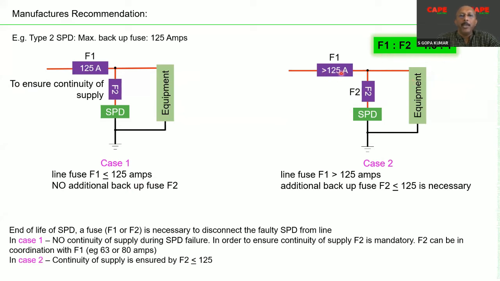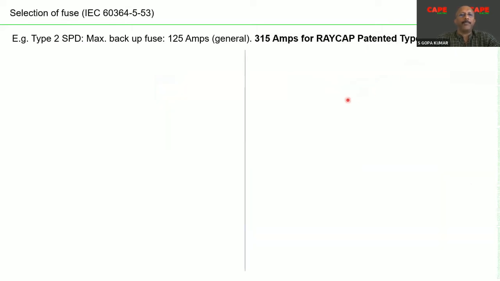That means you have a 125 amps fuse at the line. Your continuity of supply is important. You must put in an F2, mandatory, and the rating of F2 is about 60% lower than 125 amps. Probably a 63 amps fuse will do the job. So if continuity of supply is important, irrespective of what is written in the manufacturer's catalog, you must have a backup fuse, which you should select with this ratio.